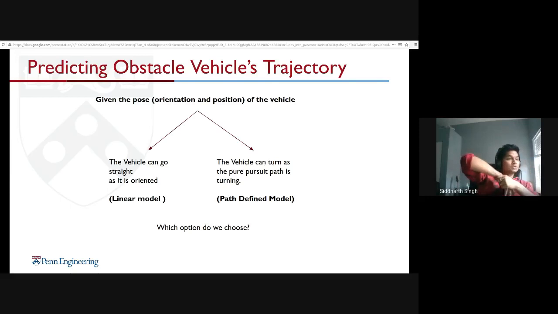Because we do not essentially have an understanding of the dynamics or the steering dynamics of the other vehicle. We don't know the decision-making process of the vehicle in front, whether it will not turn, stay parallel to the pure pursuit line, and only turn when the pure pursuit path turns.